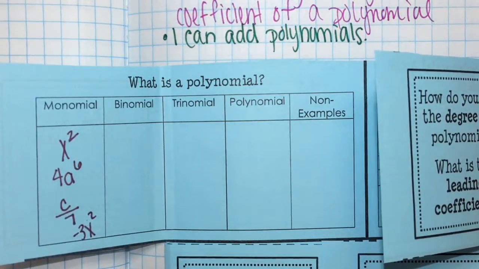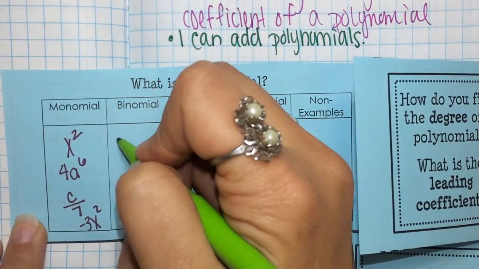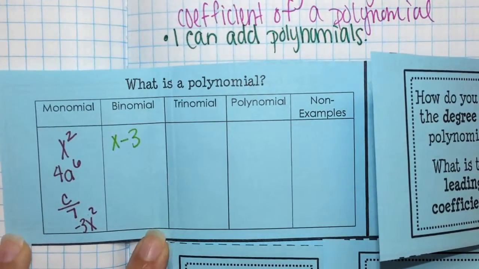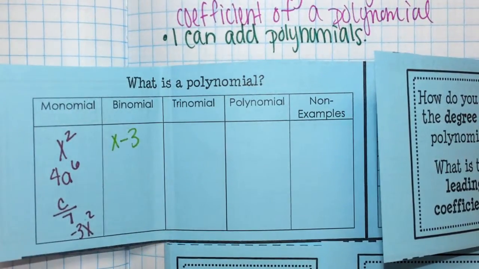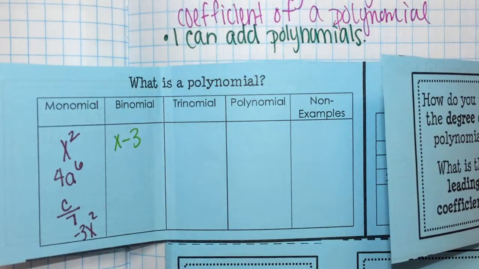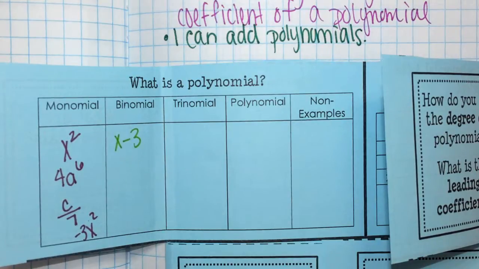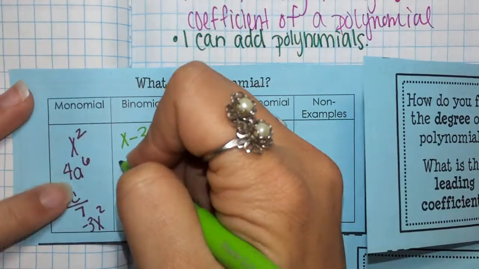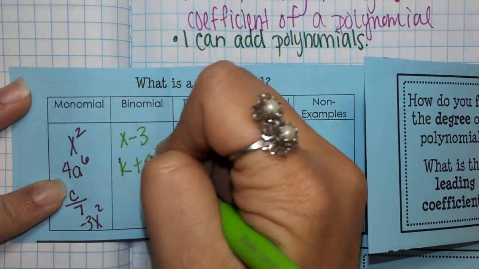But a binomial with 2 terms could look like this. Could be like x minus 3. That's a binomial because it's 2 terms. Can anybody come up with another binomial? X plus, let's use a different letter. Let's use k plus 4.